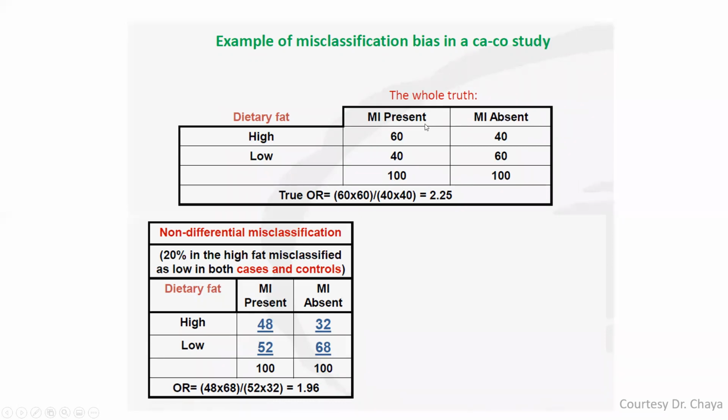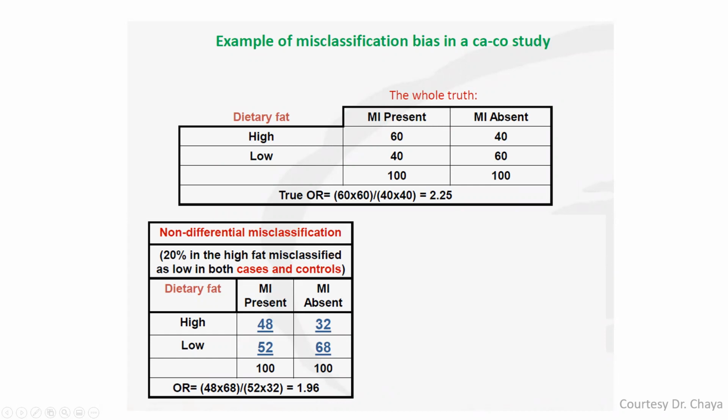I have cases with myocardial infarction and I have controls without. When I do my odds ratio, this is the truth. Okay, it's ideal because in reality, you can never know the truth. But let's say this is a hypothetical scenario where I know the truth. And the truth would be that the odds ratio is 2.25. Okay, so basically a high dietary fat intake would increase the odds of myocardial infarction by 2.25.